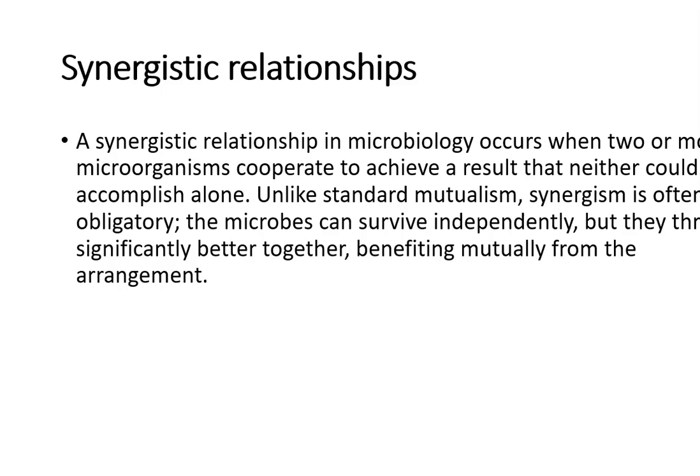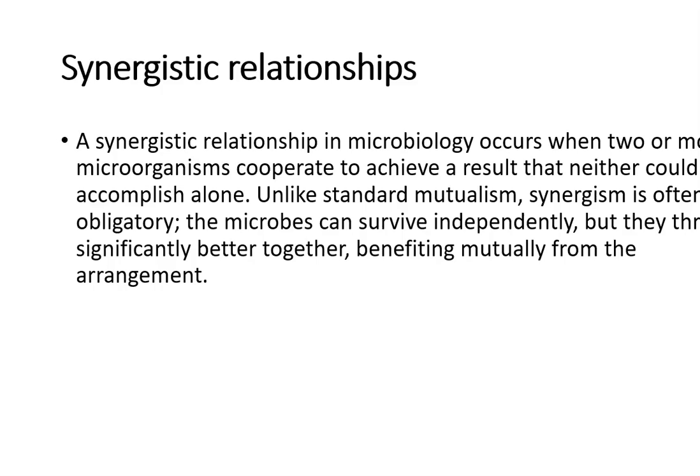Then we have a synergistic relationship when two or more organisms cooperate. Okay, and they can work together and be mutually beneficial. And we'll talk about some of these, but sometimes you can have these synergistic relationships where an organism will produce something that the other organism needs.